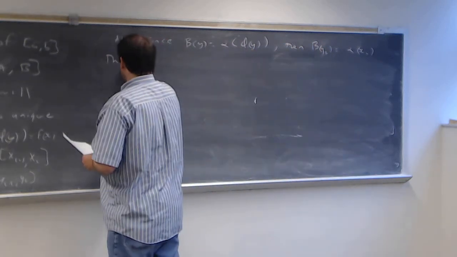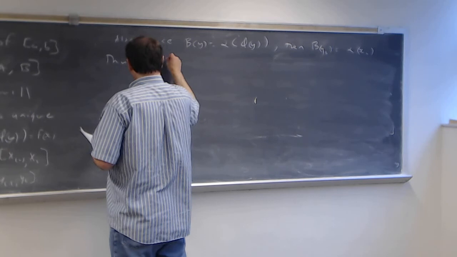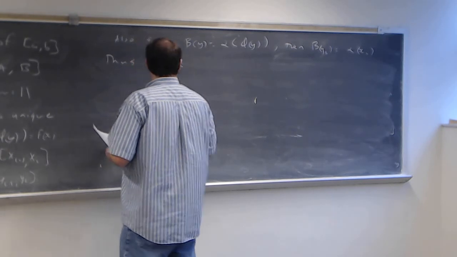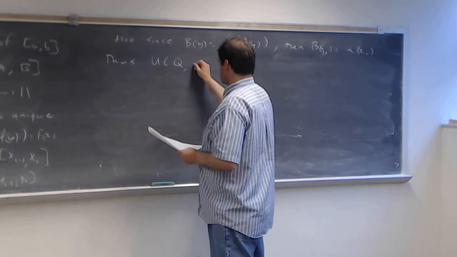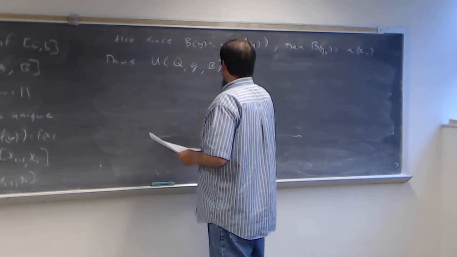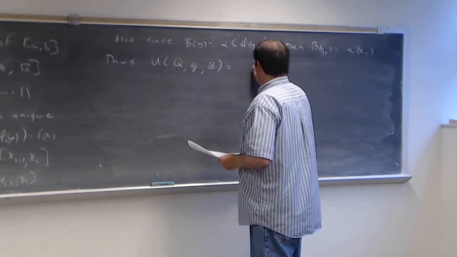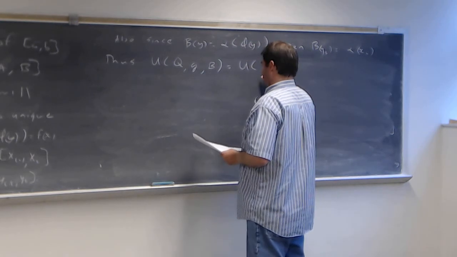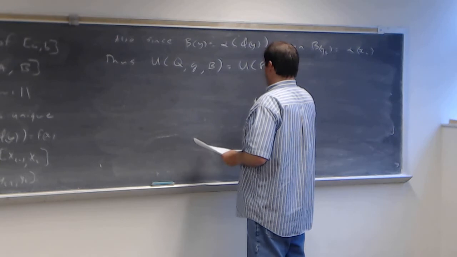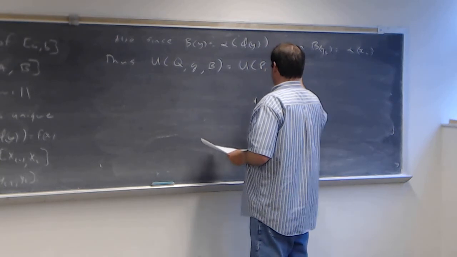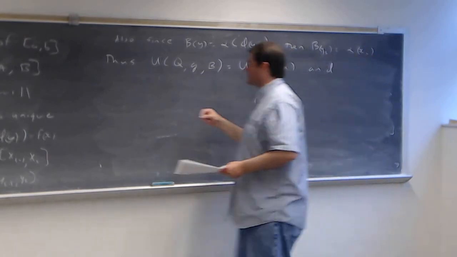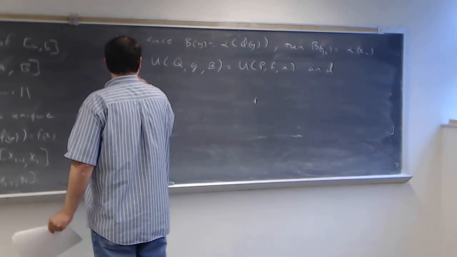Thus, we'll get that the upper sum for some partition of big A to big B of g with respect to B is going to be equal to the upper sum of the corresponding partition of little a to b of f with respect to alpha. And similarly, we have the same statement for lower sums.